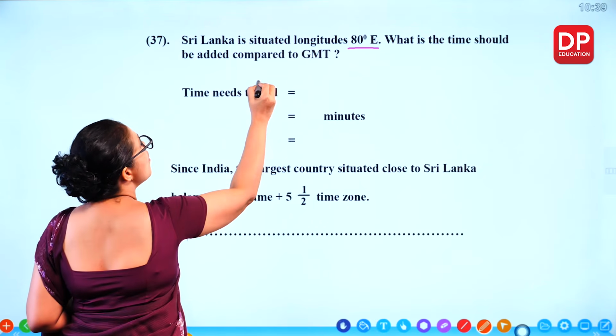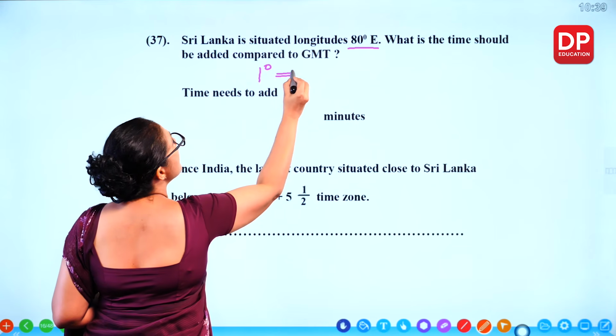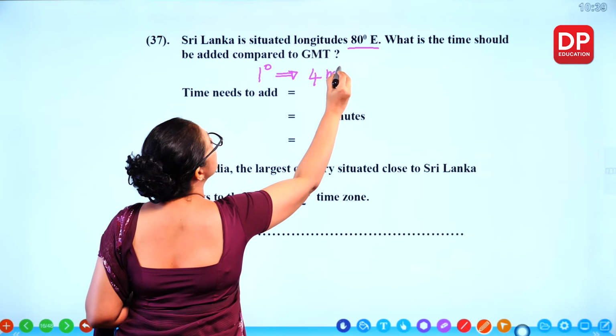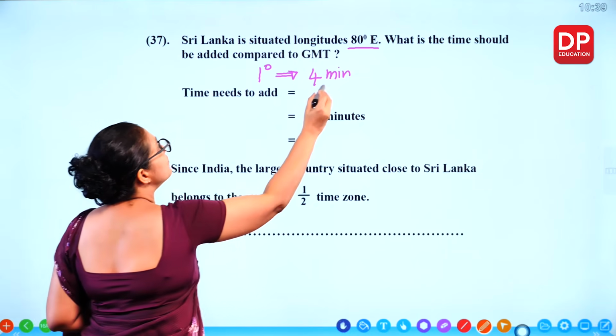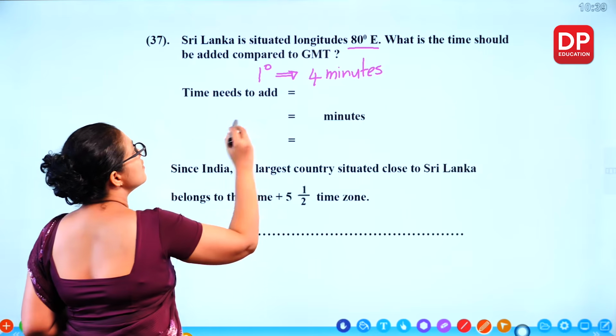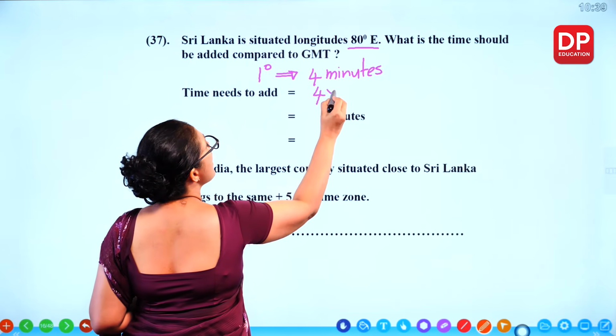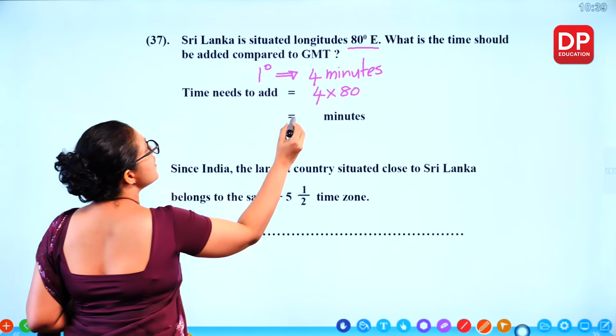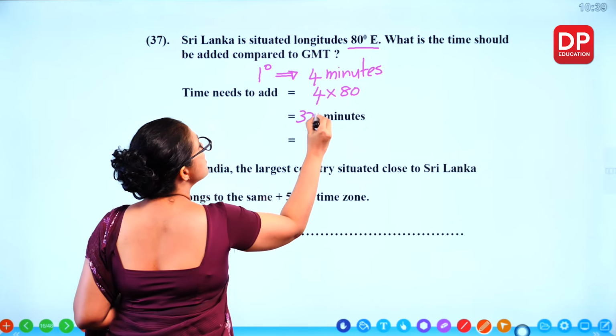We found that 1 degree takes 4 minutes to rotate. So what about 80 degrees? You need to multiply 4 times 80. So what's that? 320 minutes.